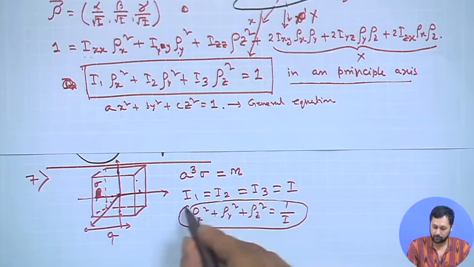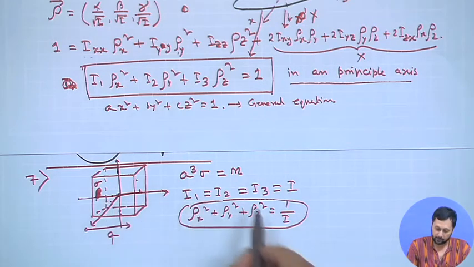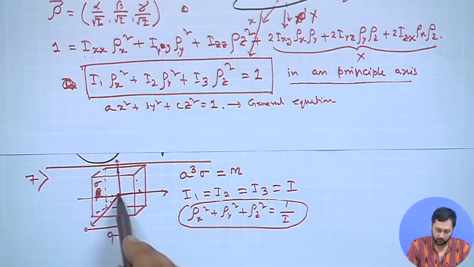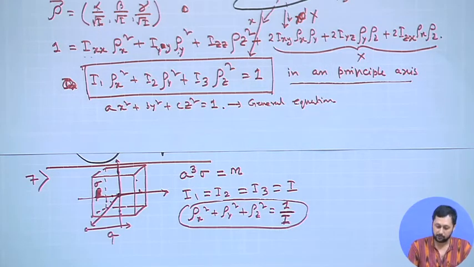So, the first part of the problem we have already proved: the ellipsoid of inertia of this uniform cube, when the origin is set at the center of the cube, is a sphere. That is proved.